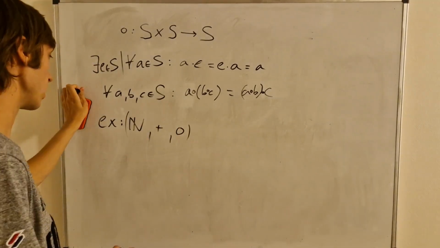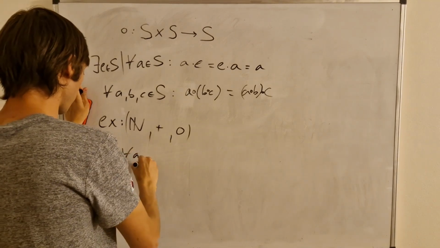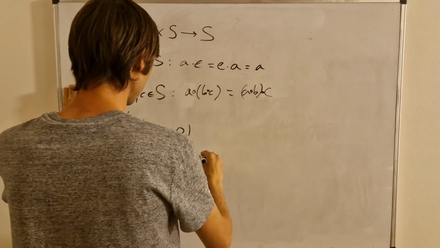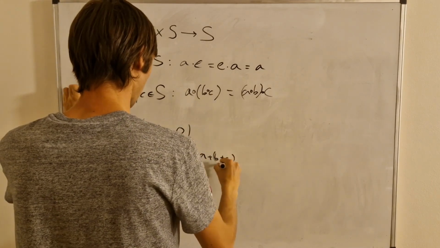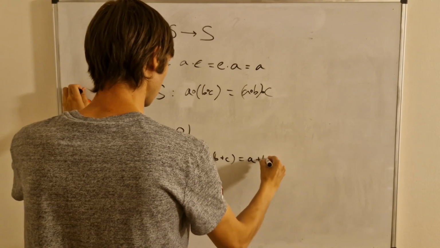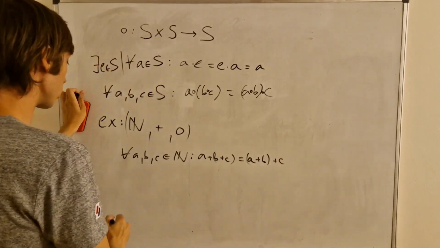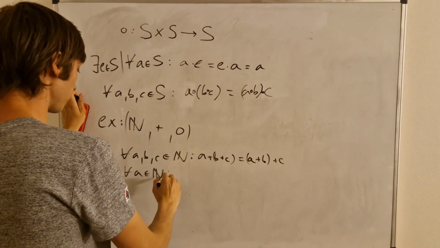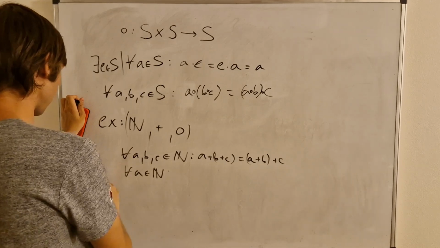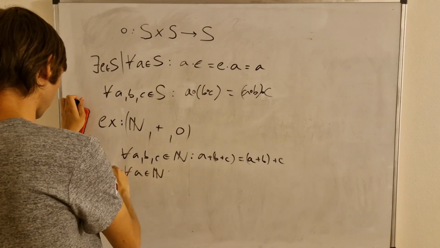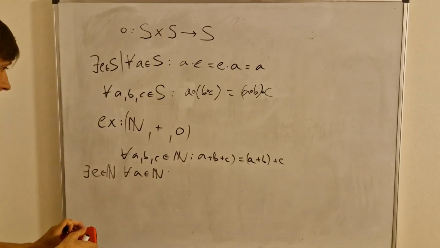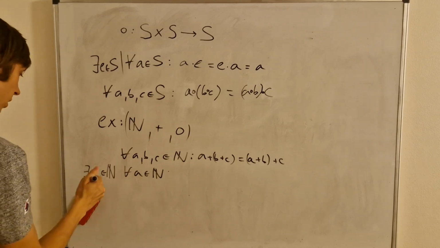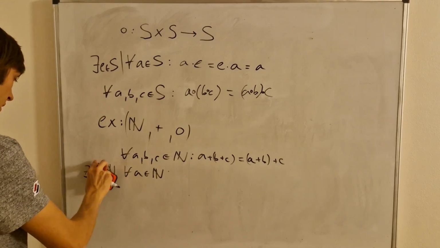For any A, B, C in the naturals, we have associativity under addition, and this E in this case I will call 0, for natural numbers under addition.